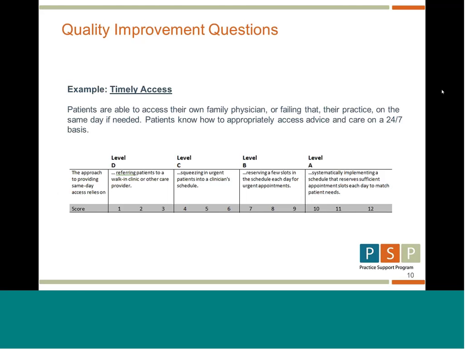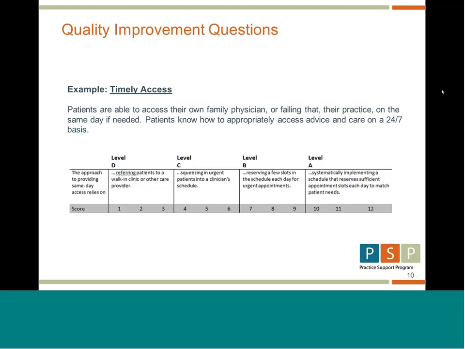So at the low level, level D, responses at that end indicate that the practice has work to do to reach the standards associated with the patient medical home. And then at the high level, level A, the way the practice is organized is already highly indicative of a patient medical home. The example at the low level is that the approach to providing same-day access relies on referring patients to a walk-in clinic or other care provider.